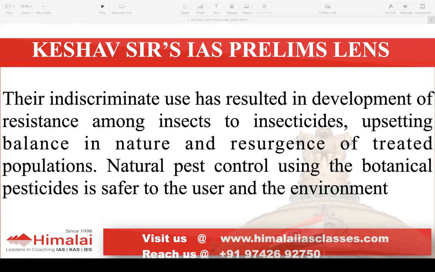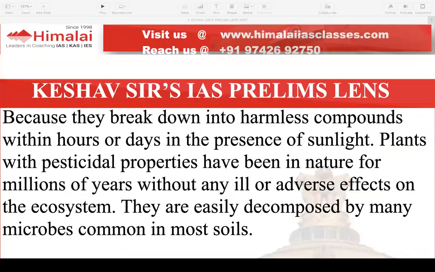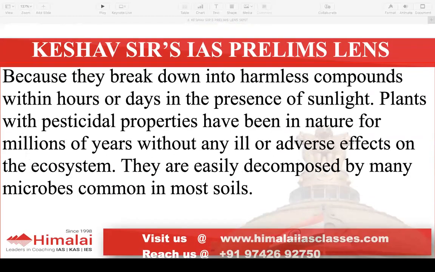Their indiscriminate use has resulted in development of resistance among insects to insecticides, upsetting balance in nature and resurgence of treated populations. Natural pest control using botanical pesticides is safer to the user and to the environment because they break down into harmless compounds within hours or days in the presence of sunlight. Plants with pesticidal properties have been in nature for millions of years without any ill or adverse effects on the ecosystem.